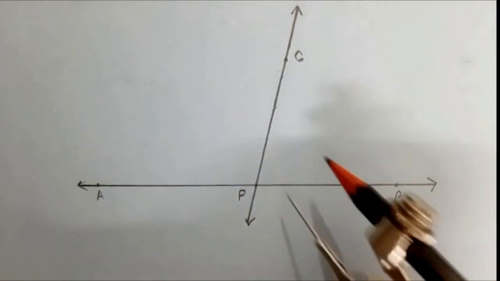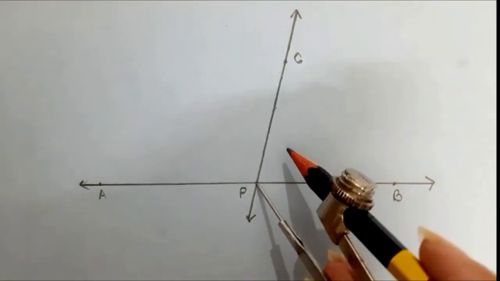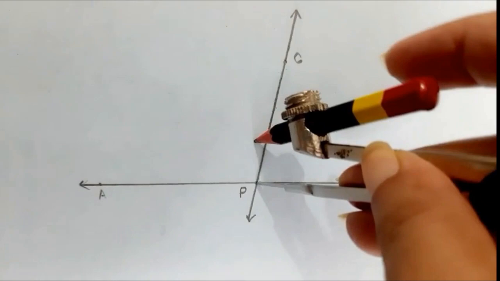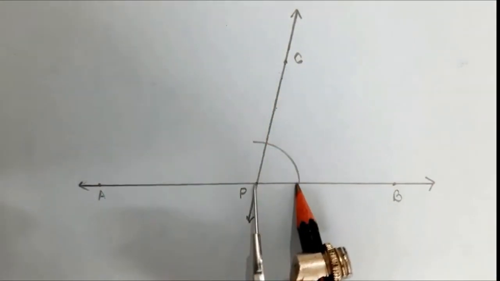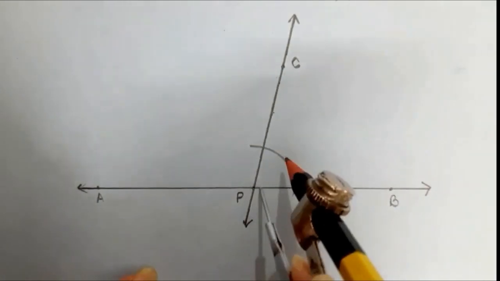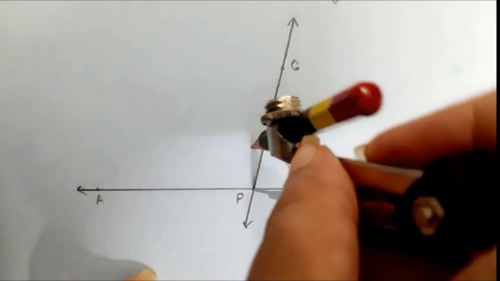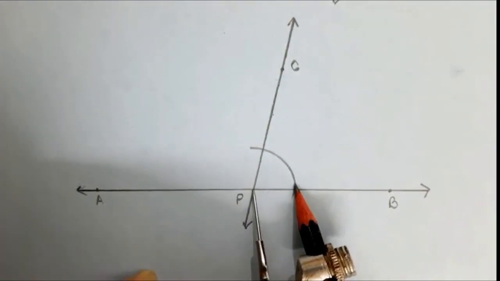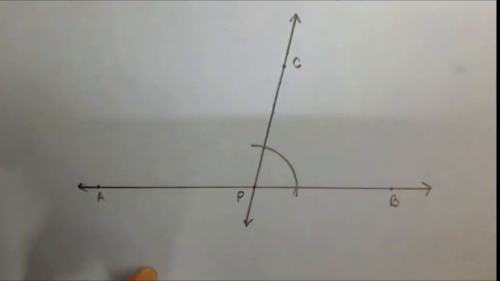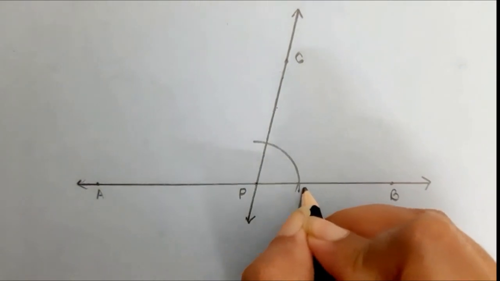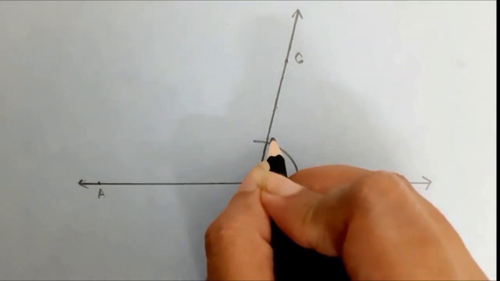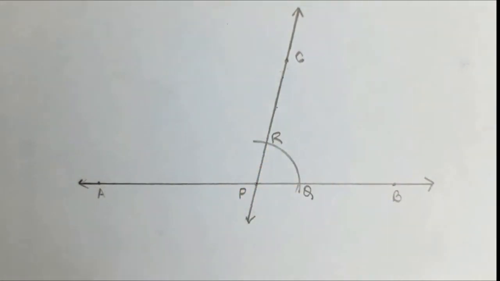So we'll take a compass and we'll construct an angle over here. Now we construct the angle and label the two points Q and R. Okay, so we have this point as point Q and this as point R.